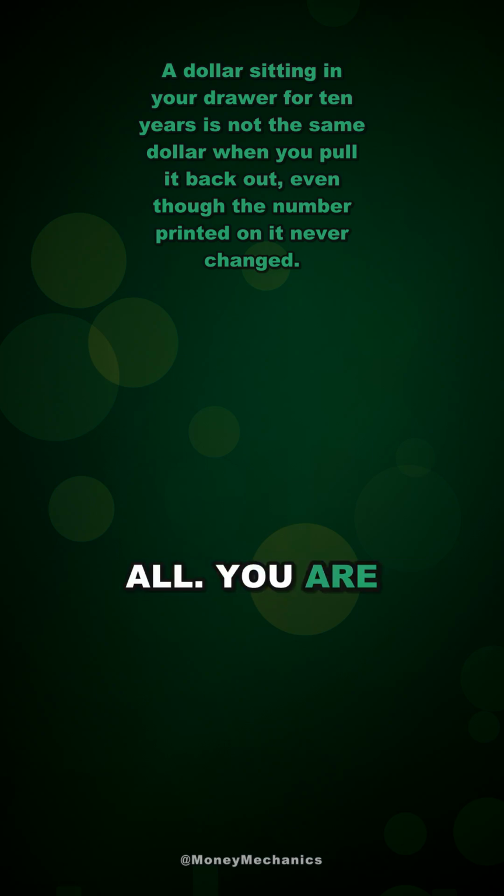You are exactly where you started, even though the number on your paycheck looks bigger. This single distinction, nominal versus real, changes how you should read almost every financial headline, every account balance, every long-term plan. The number alone tells you very little. The number relative to the shrinking or growing power behind it tells you the truth.